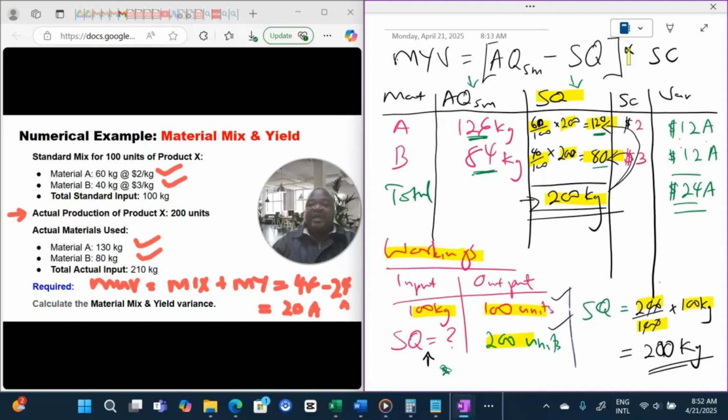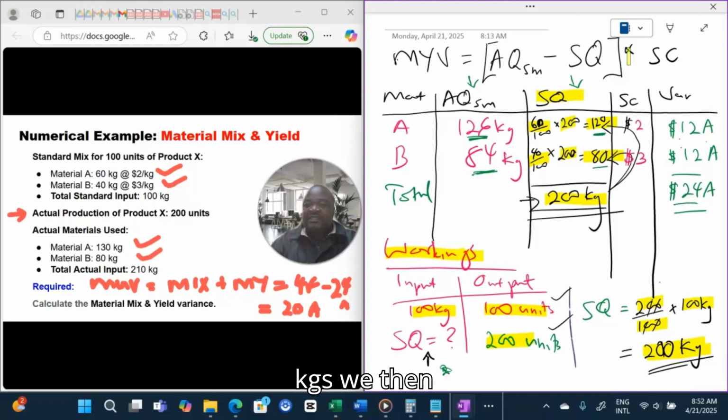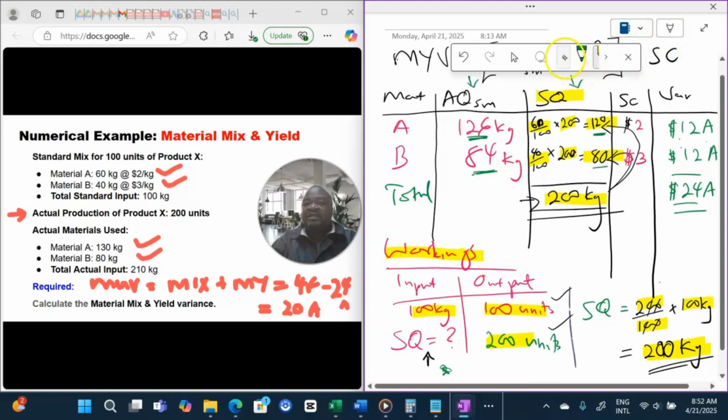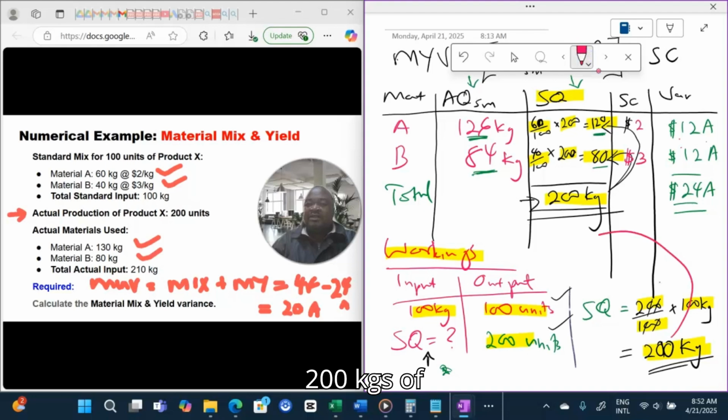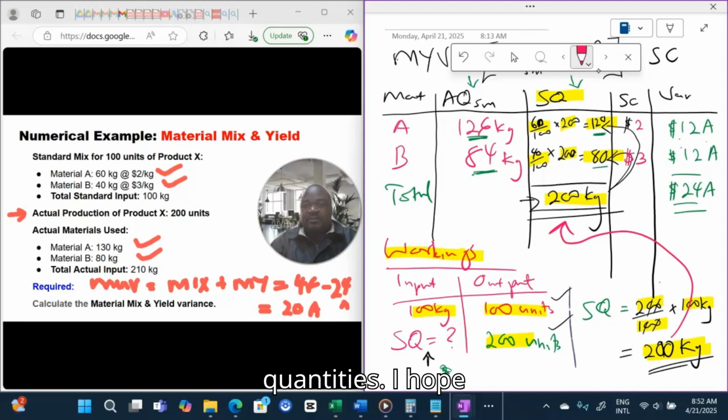All right, and we obtained the 200 kgs of inputs, and these are the kgs we then utilized in the computation. Okay, these were the 200 kgs of inputs, which we called the standard quantities.